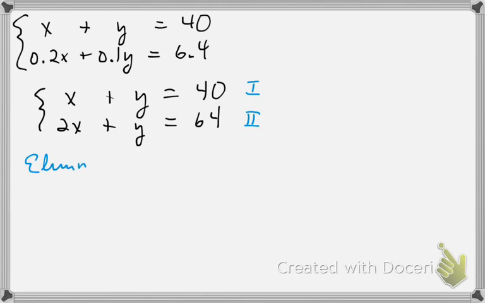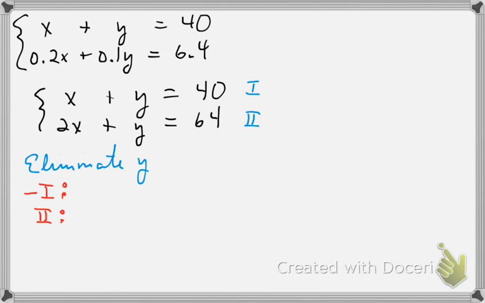How about we use the addition method? Because we could eliminate y very easily. How could I eliminate y? Do -1 times the first one and keep the second one as is. Basically, subtract the first one from the second one.